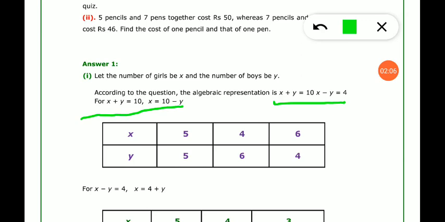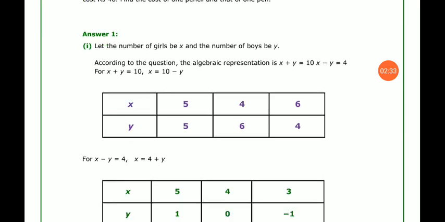We'll find out: if x is 5, y is also 5; if x is 4, y is 6; and if x is 6, y is 4. This is for the first, and similarly we do it for the second also.